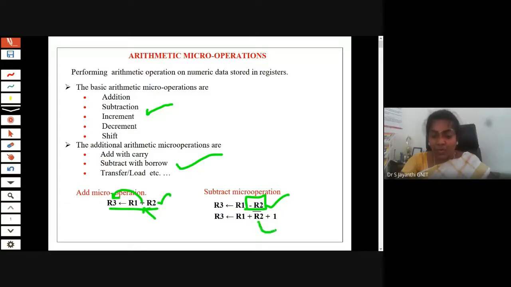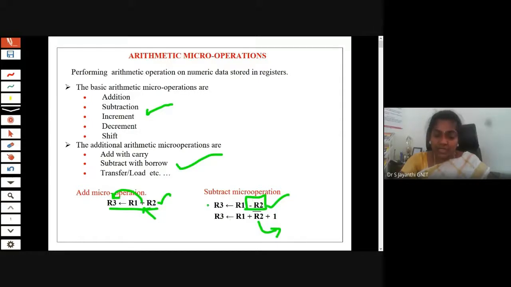Addition of R2 dash. R2 dash means the complement of R2. Complement and one's complement are both the same, so complement can also be called one's complement. By adding 1 to the one's complement, the result is equivalent to minus R2.